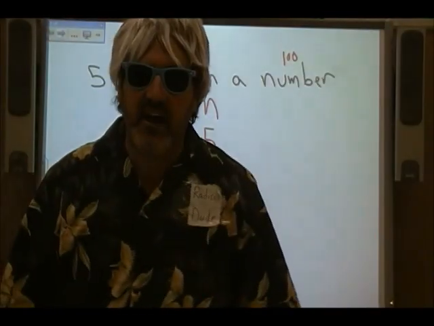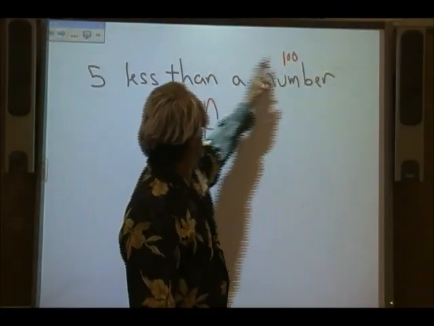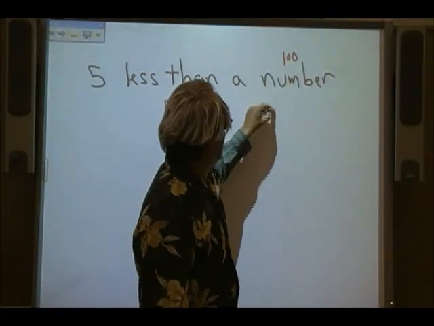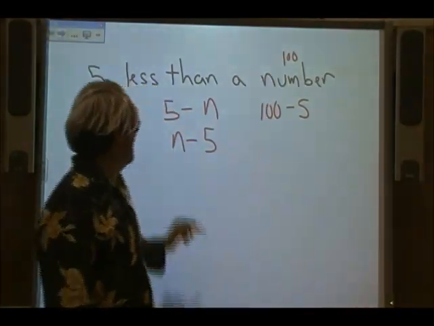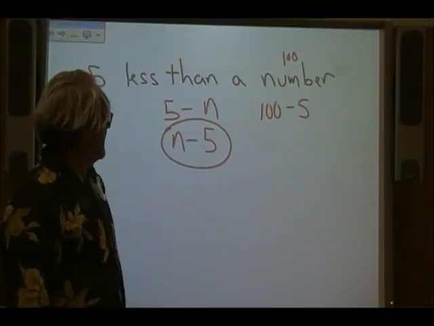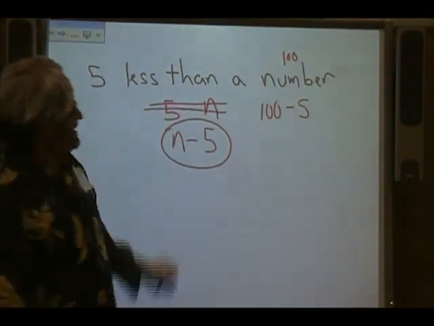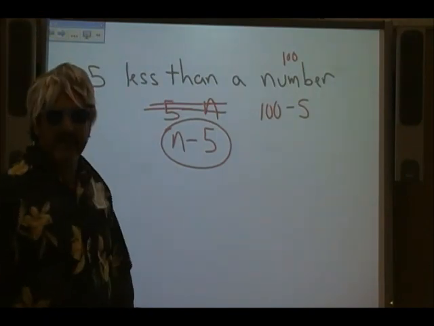If I have $5 less than $100, then I have 95. You do 100 minus 5. And since the 100 is n, it's this one, right there. So this one is wrong, and a lot of people make that mistake.